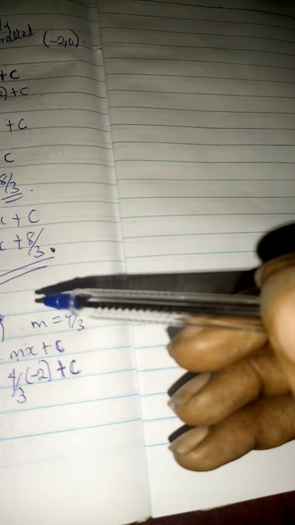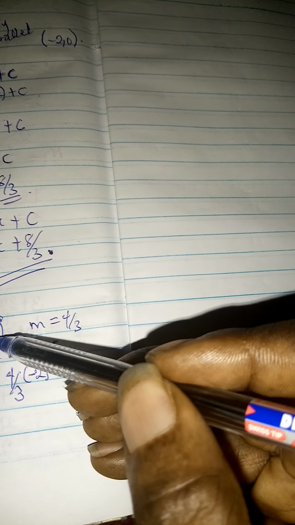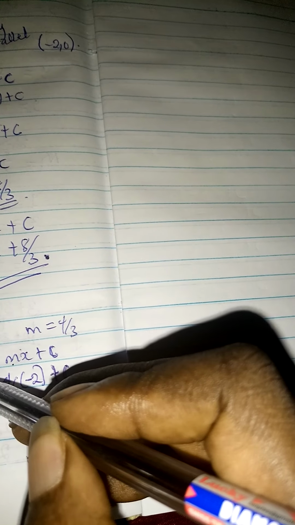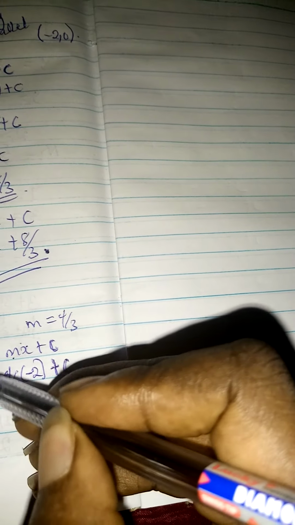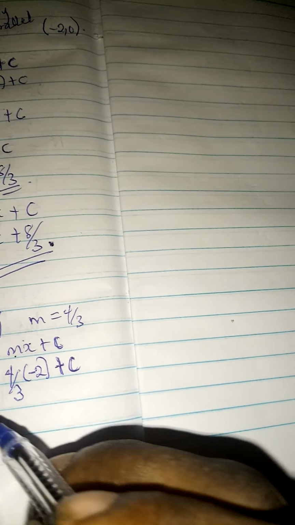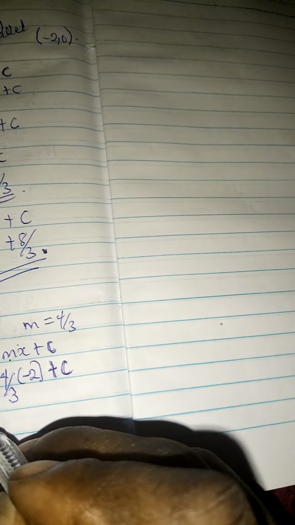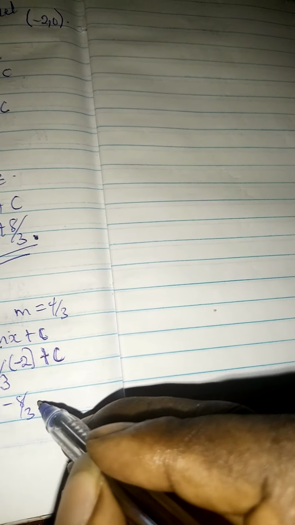Remember that it is 0, and it is our y1 here. So from there you can just say, okay, 0 here equals 4/3 times -2, which is -8/3 plus c. Minus 8/3 will come here, it becomes 8/3 equals c.